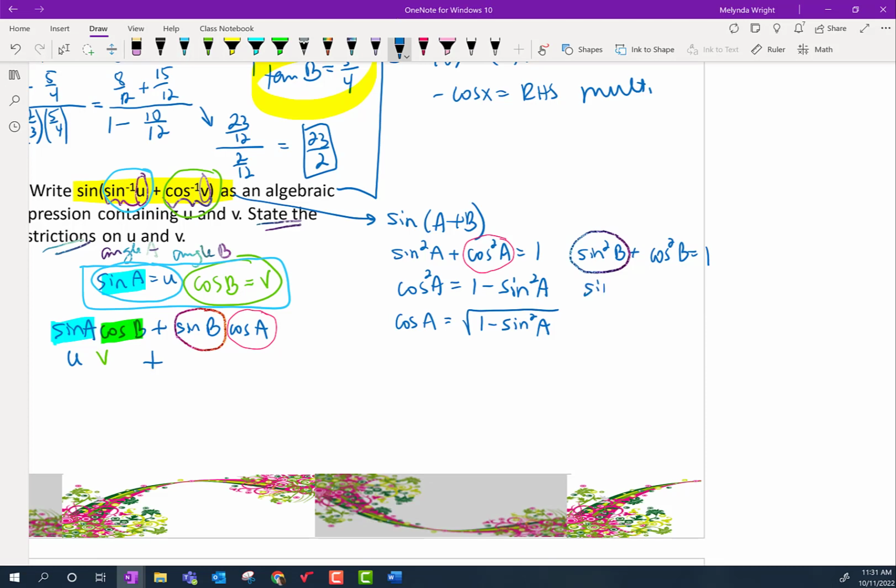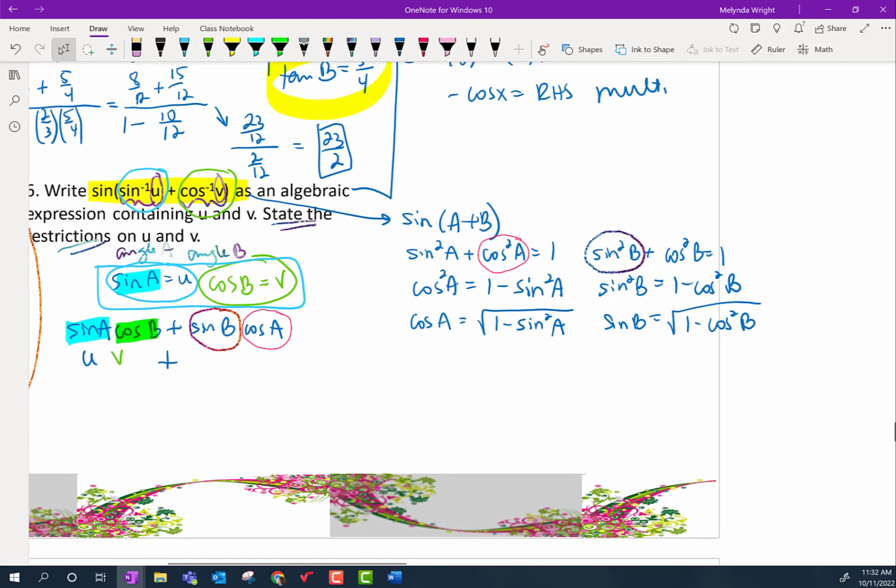I've got sine squared B equals 1 minus cosine squared B. I want plain old sine, not sine squared, so I'm going to square root both sides, and I get sine of B is the square root of 1 minus cosine squared of B.